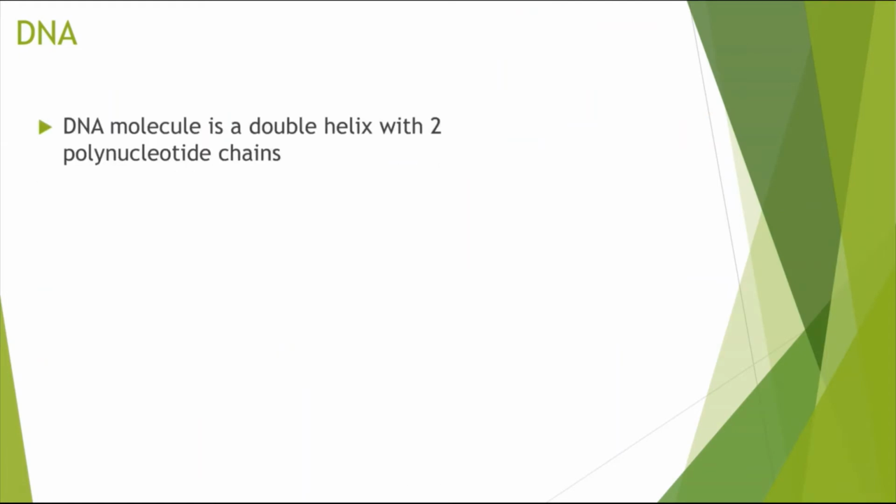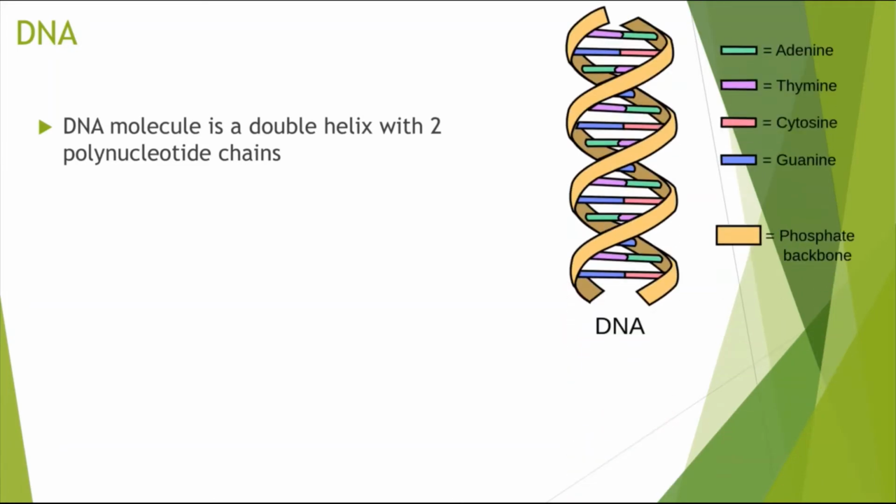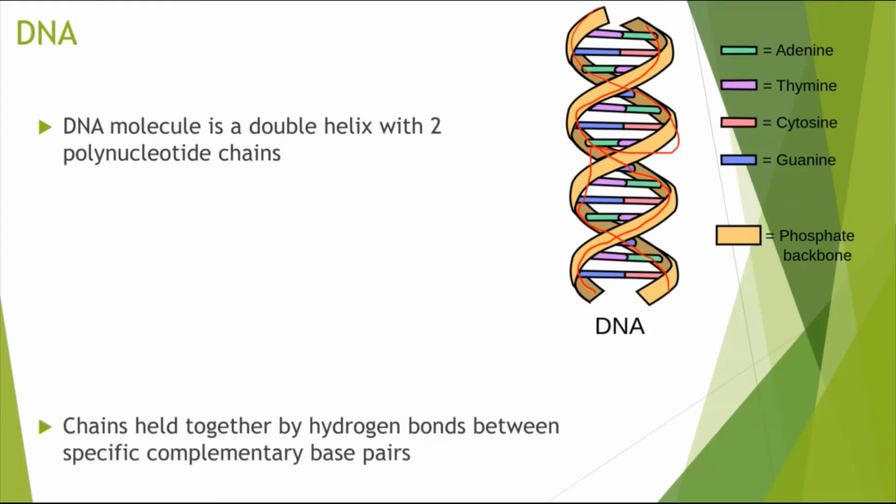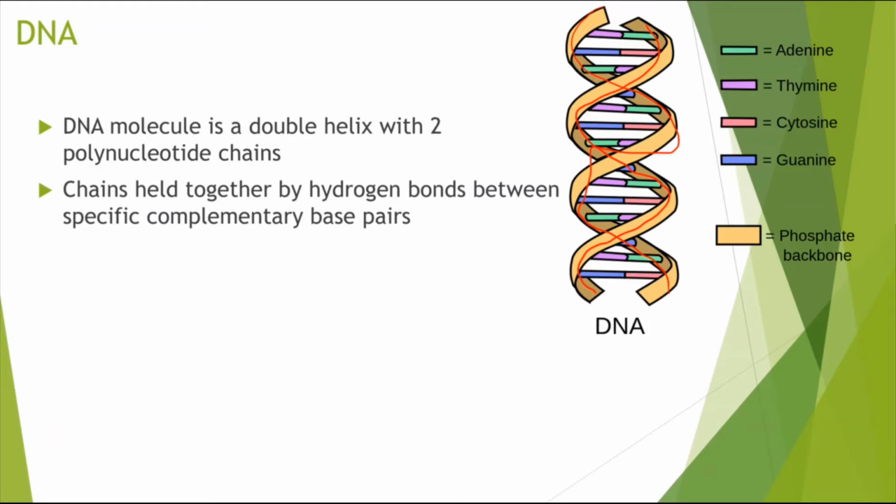The DNA molecule is a double helix with two polynucleotide chains. As you can see, this would be one chain and there would be another chain which is paired up with this. The chains are held together by hydrogen bonds, and these hydrogen bonds are between the specific complementary base pairs.